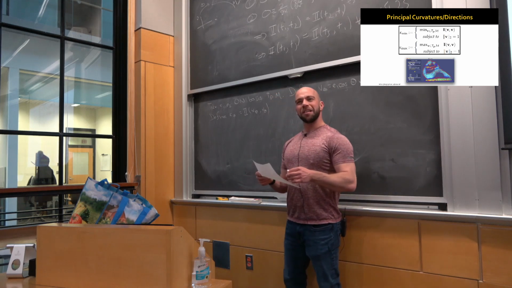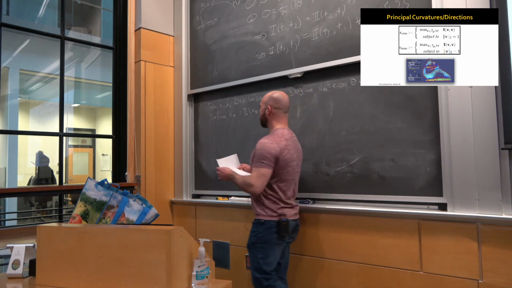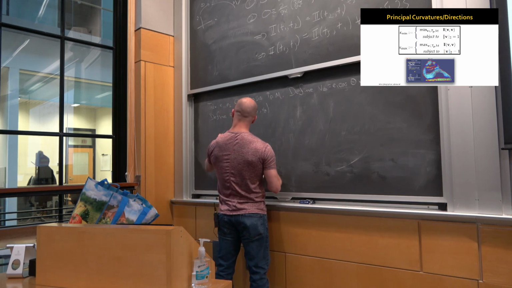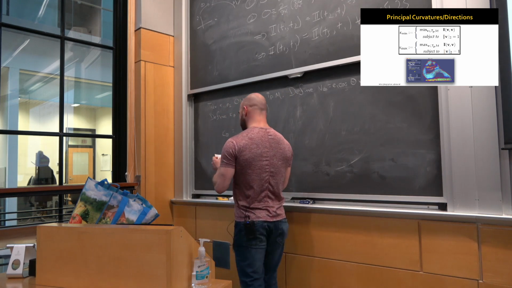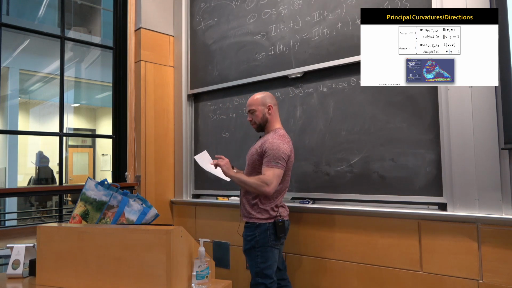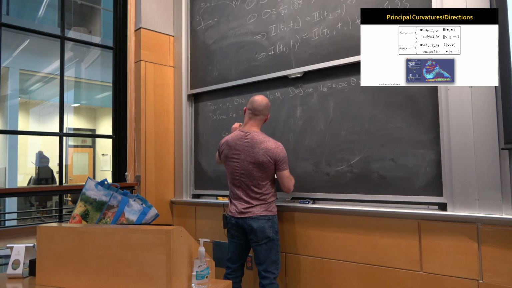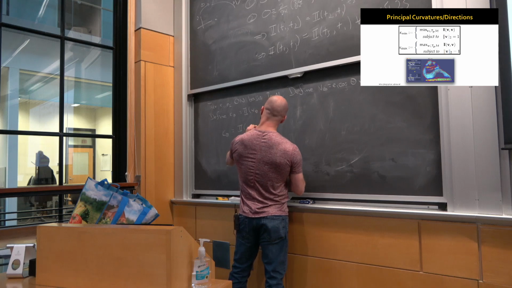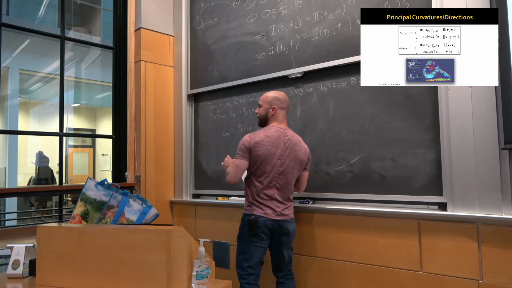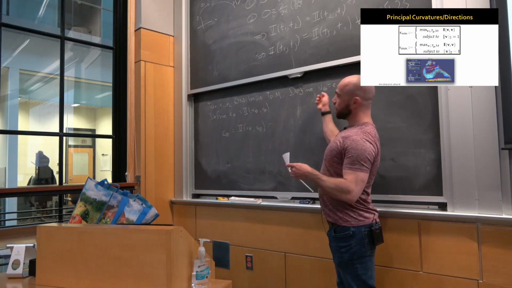Notice that we can apply bilinearity one more time. So let's say that I look at kappa sub theta. That's the second fundamental form evaluated at v theta, and we have a formula for v theta.